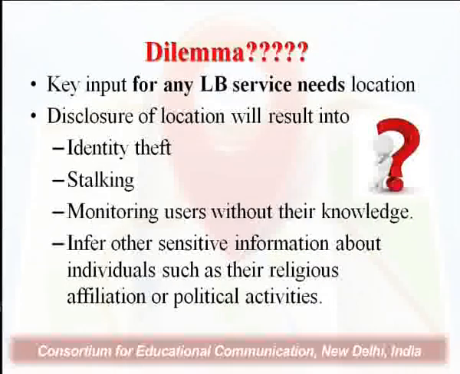So, what is the dilemma? As I have told you, the key input for any location based service is location, while on the other hand, disclosure of this location may result in stalking, identity theft, monitoring users without their knowledge, and inferring other sensitive information about individuals such as their religious or political affiliations or any other political activity.